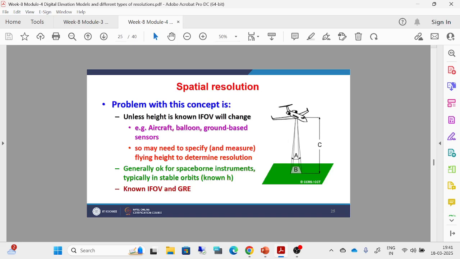The problem with the spatial resolution concept is that unless we know the height, IFOV is going to change. Like if it's closer, IFOV might be a little more. If it's at a height, those things can change. So we need to specify at what height that satellite or the flight has been flying, from what height it has taken that image.